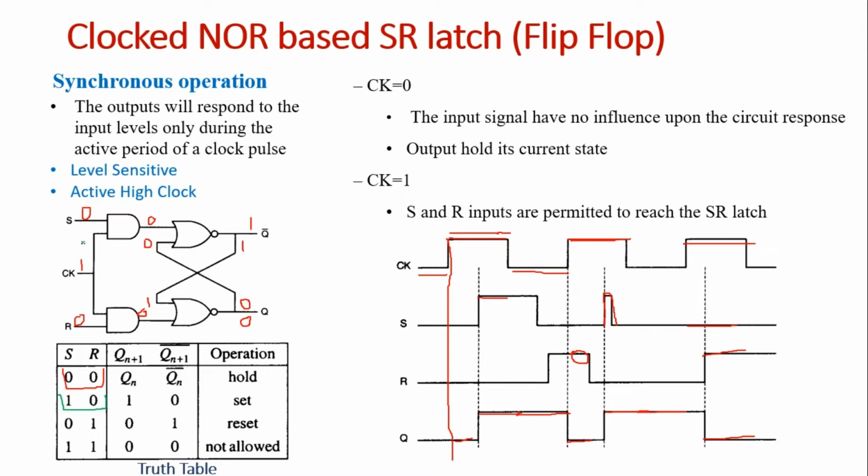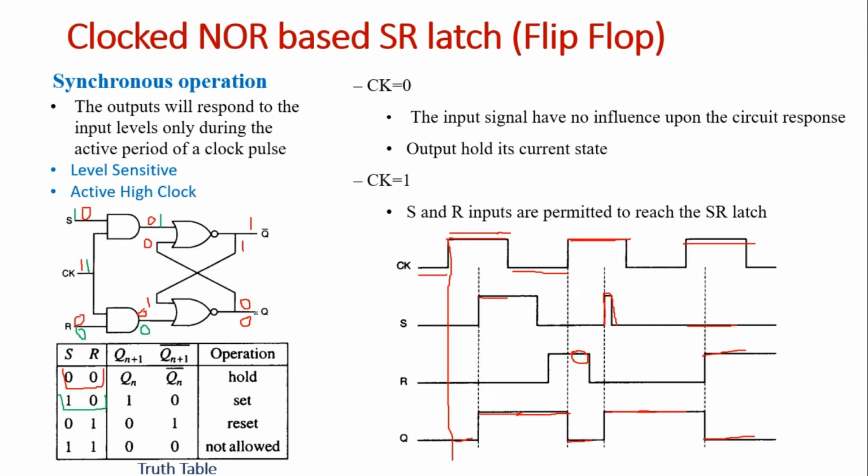Here we have S as 1, R is 0. We keep the clock as 1. So therefore, both values are 1 and the output will become 1 over here, and for the other gate the inputs are 1 and 0, so the output is 0 over here.